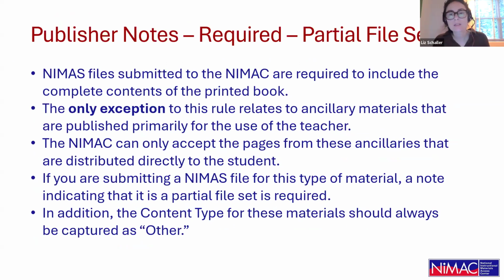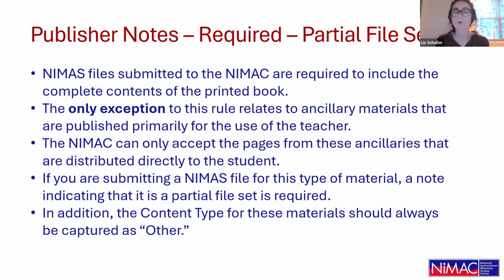NIMAS files that are submitted to the NIMAC are required to include the complete contents of the printed book with one exception. And that exception to this rule relates to ancillary materials that are published primarily for the use of teachers. The NIMAC and files submitted to NIMAC can only be used to serve K-12 students.